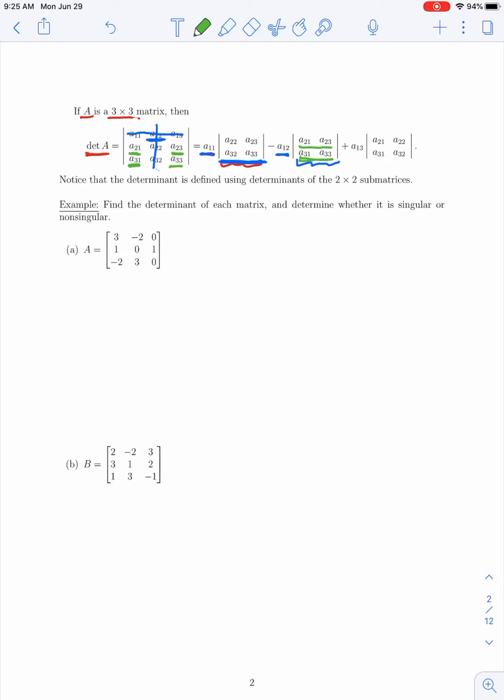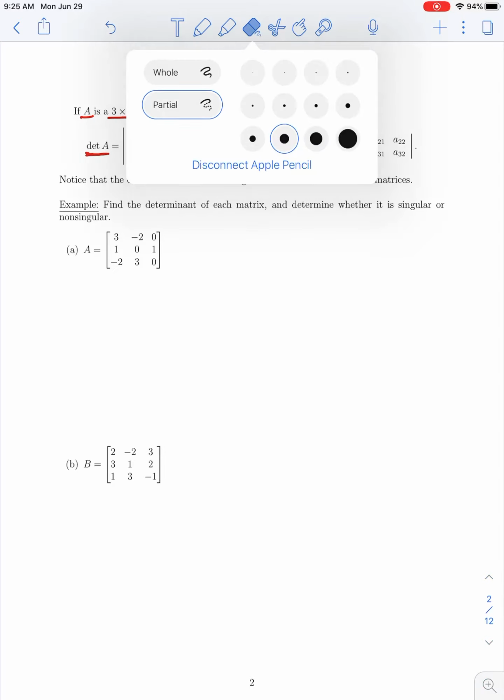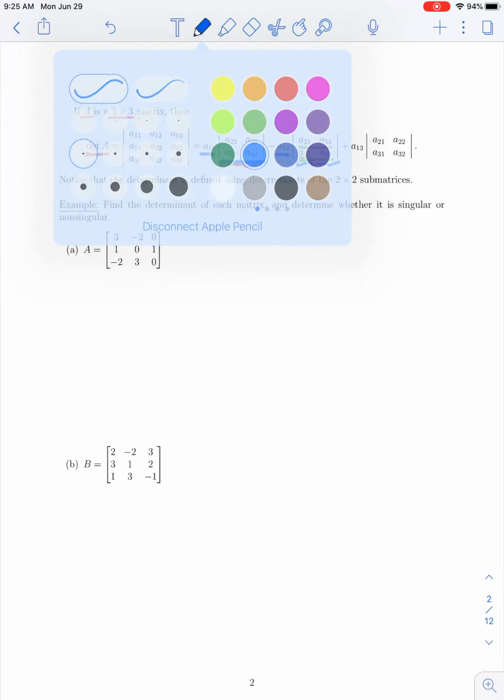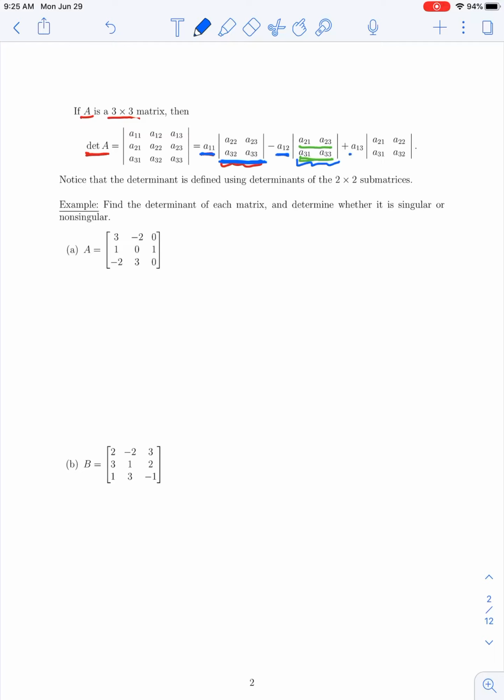So now moving to our last term, we would add A13, the third entry in my first row, times the determinant of the 2 by 2 submatrix we get by deleting the row and the column that A13 lies in.